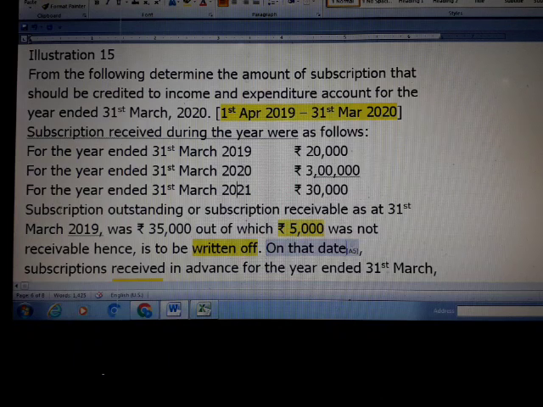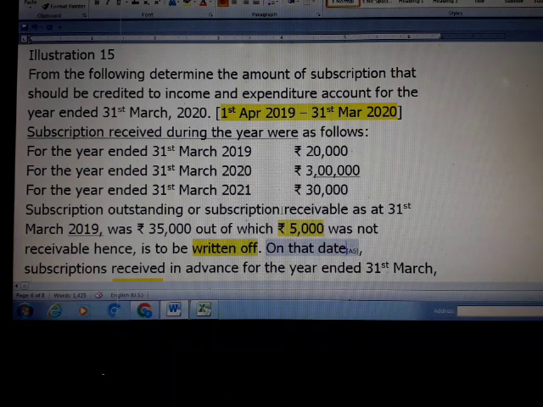It is said very clearly, subscription outstanding or subscription receivable at 31st March 2019 was 35,000. So during the year ended 31st March 2019, there was an outstanding subscription worth rupees 35,000.